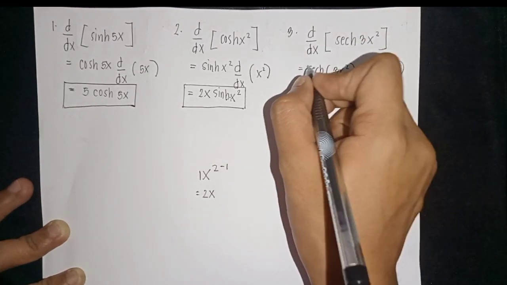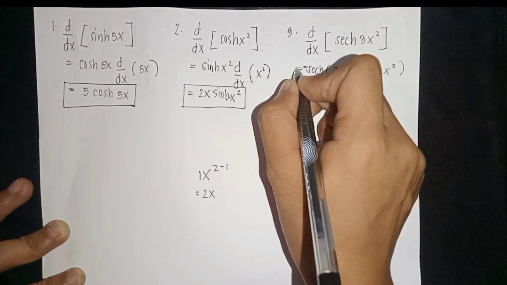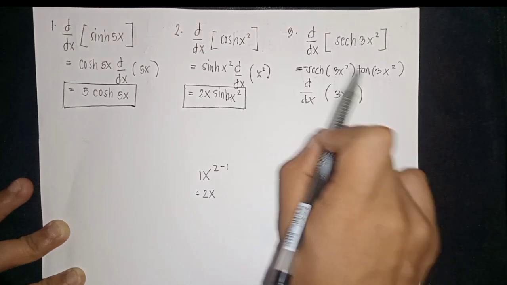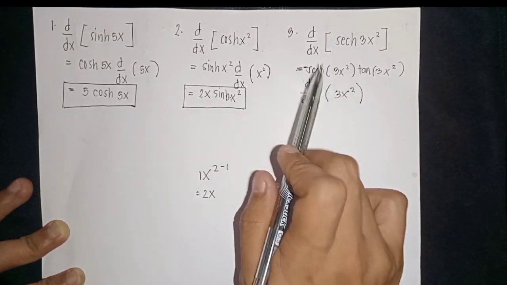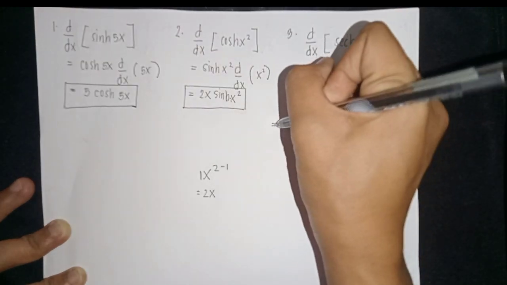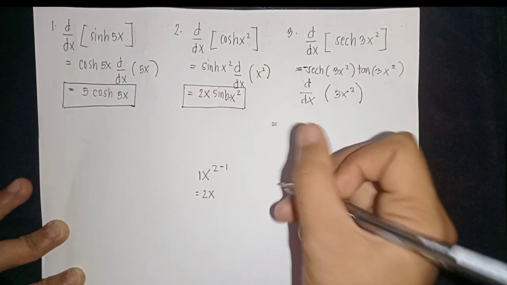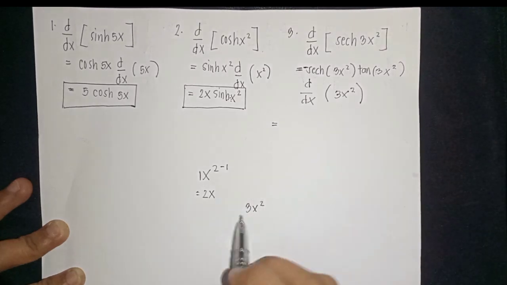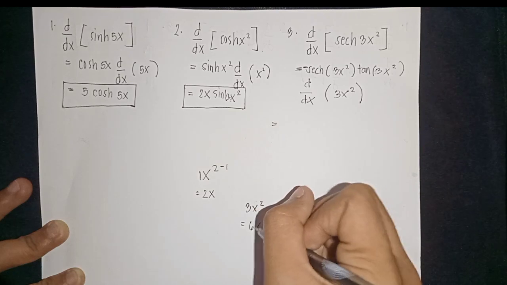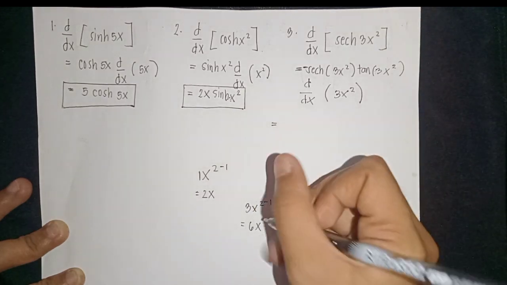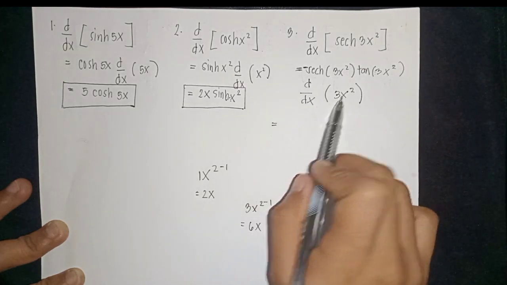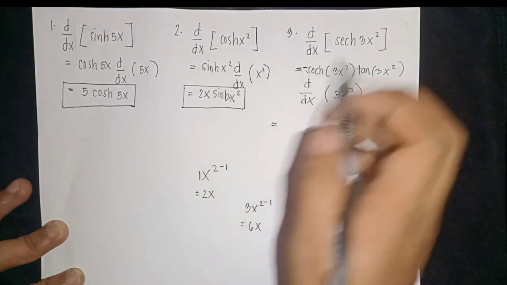So what is the derivative of 3x squared? And anyways, don't forget to put the negative sign. So the derivative of 3x squared is 3 times 2, which is 6x, because 2 minus 1 is equal to 1. So the derivative of 3x squared is 6x.